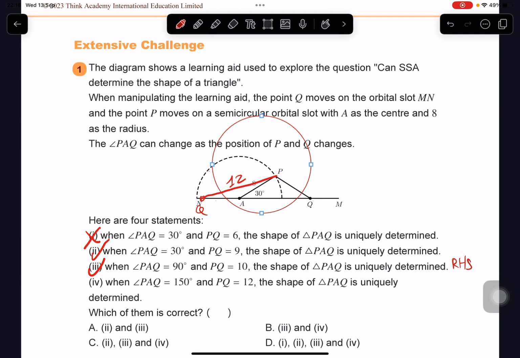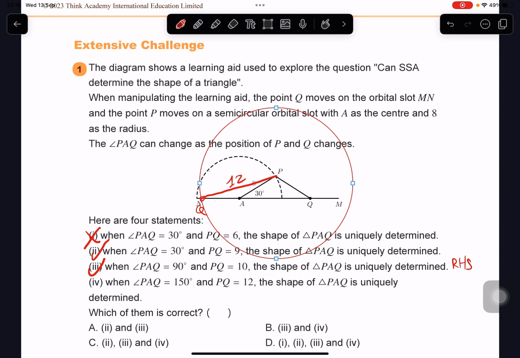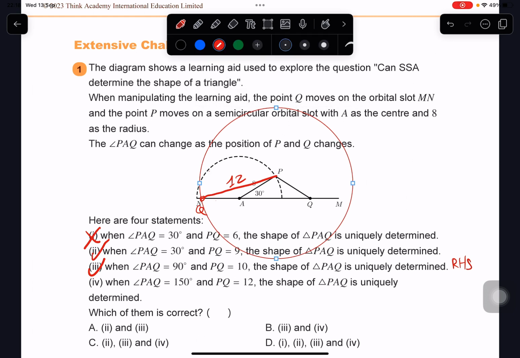If I'm drawing a circle that's big enough to include that, you can see that it's just touching it on one side. If it is on the other side, it means that PAQ is going to be 30 degrees again, right? So it means that this is also unique.